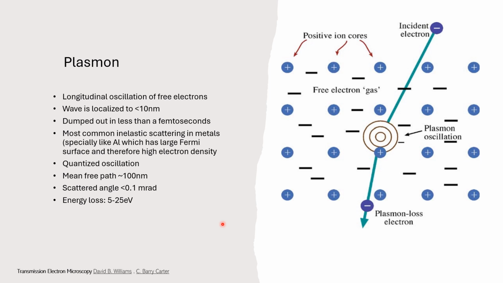The phenomenon of oscillation is quantized and the mean free path is around 100 nanometers. The scattering angle for this plasmon is less than 0.1 millirad, and the energy loss happening during this process is around 5 to 25 electron volts. So this is quite a good amount to be analyzed by an EEL spectrometer, as I have already mentioned that the EEL spectrometer has a resolution of nearly 1 electron volt.